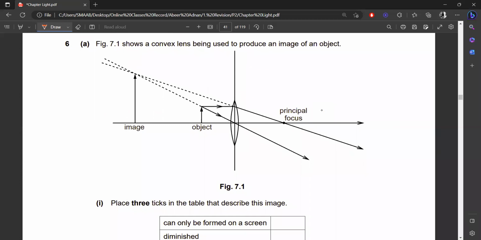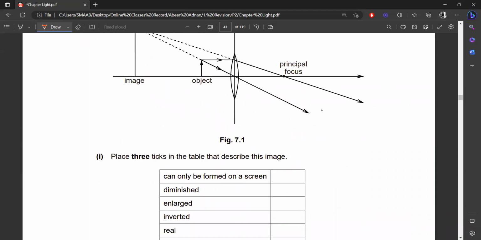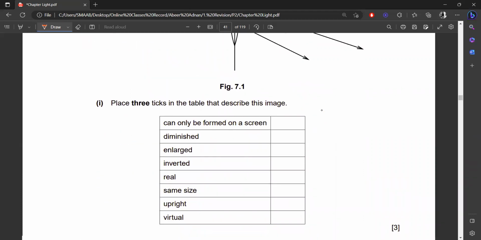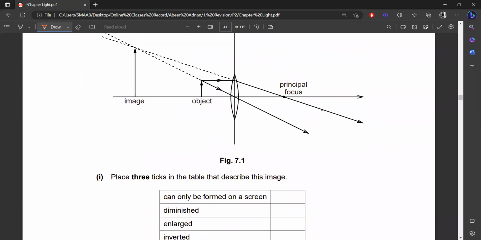Question 6, figure 7.1 shows a convex lens being used to produce an image of an object. The image is already mentioned on the diagram. Place three ticks in the table that describes the image. So what is the first property of the image?